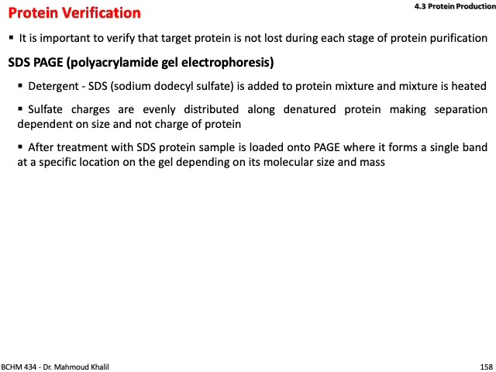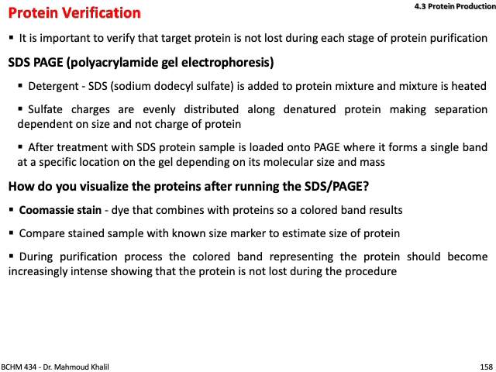These sulfate charges are evenly distributed along the denatured protein, making separation dependent on size and not on charge. After treatment with SDS, the protein sample is loaded into a PAGE, a polyacrylamide gel electrophoresis, where it forms a single band at a specific location on the gel depending on its molecular size and mass.